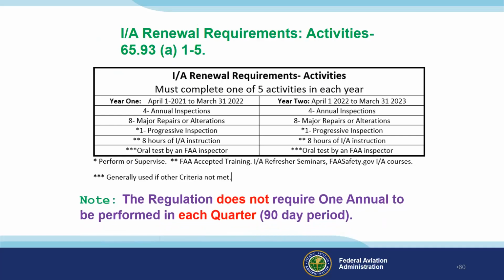Here's a chart I made up because I was a little confused over this. So I made up this chart to kind of show what has to take place in year 1 and in year 2.